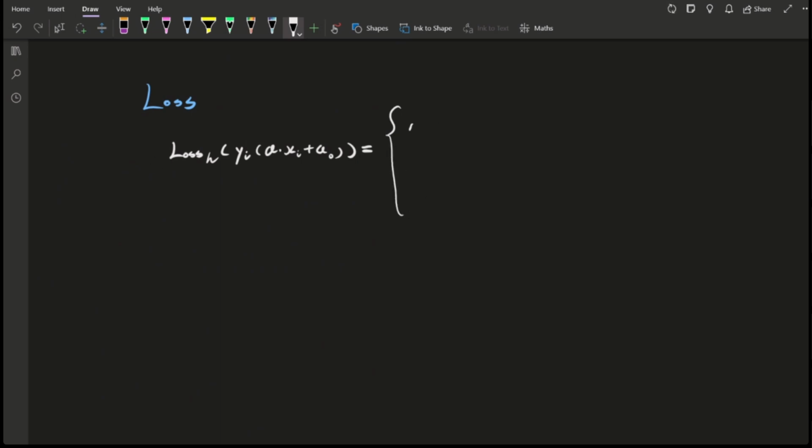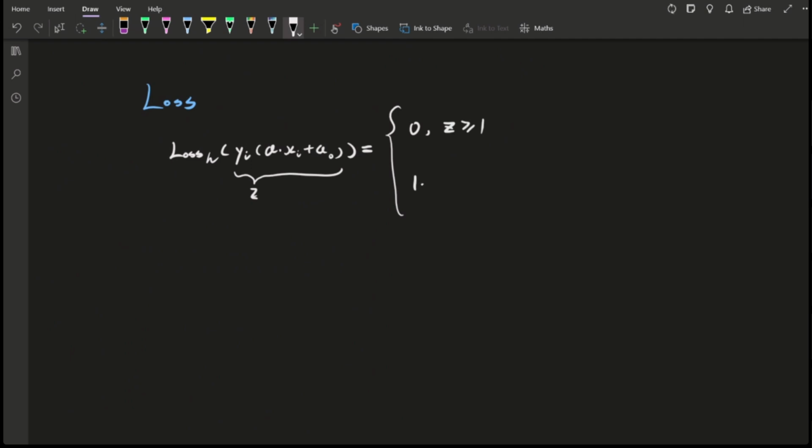In a case where, let's call this portion here z, so we don't have to keep writing the same stuff. If your z is larger than or equal to 1, meaning that, again, this is only possible if your y_i has the same sign as the output of the classifier, then we'll say that it contributes no loss, right? Because it's classified correctly.